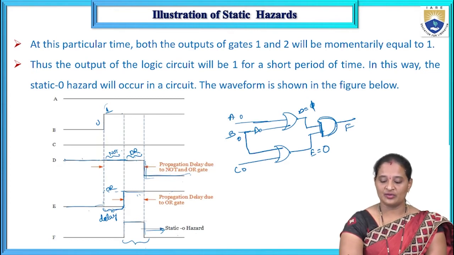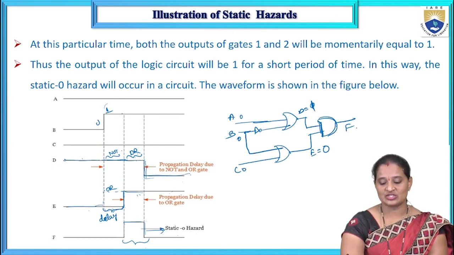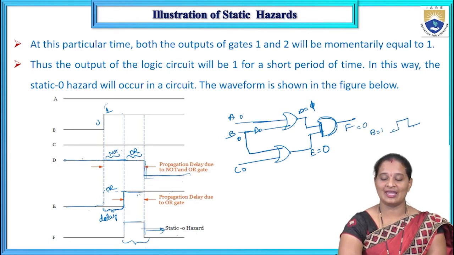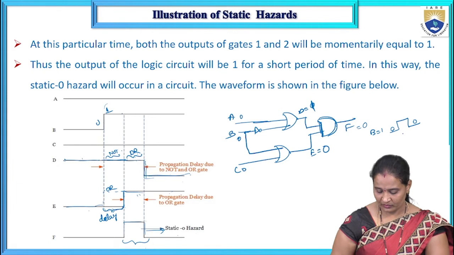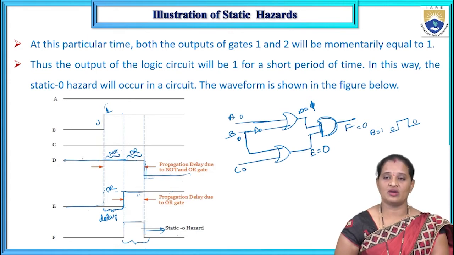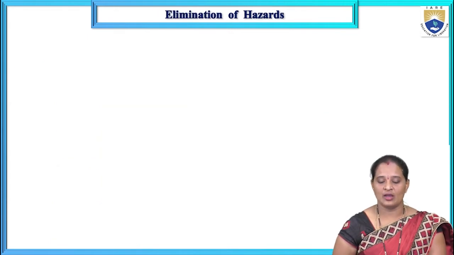The output has to remain 0 even if B equals 1, but it goes to 1 momentarily and again comes back to 0. So the type of hazard here is a static 0 hazard. It has to maintain 0, but it goes to 1 momentarily. That is why we call it a static 0 hazard.